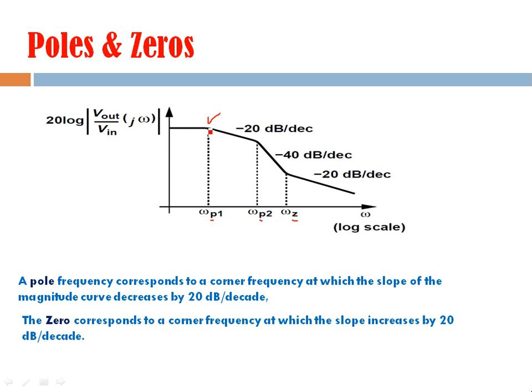Because once we cross this corner frequency, the gain starts decreasing, and in case of amplifiers, we are no more interested in this area. We are interested only in that portion of the frequency which is below this first corner frequency, right? And the next corner frequencies, whether they are pole or zero, we will ignore them.